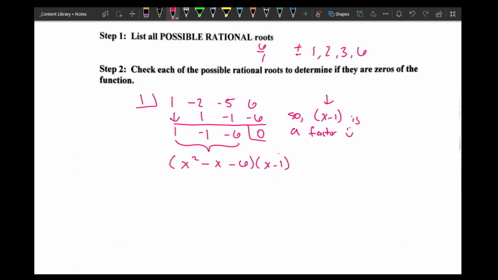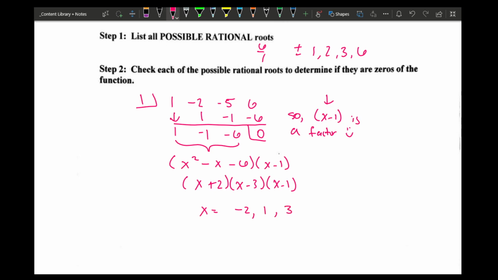So this guy factors to x plus 2, x minus 3, and x minus 1. So here's my solutions. My solution is x equals, let's see, negative 2, x equals 1, x equals 3.